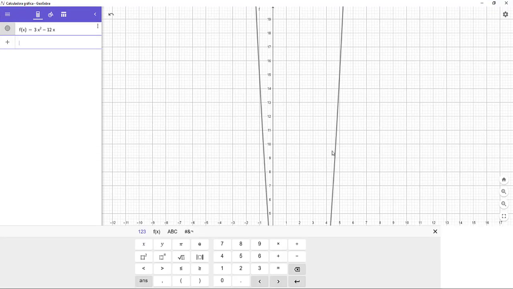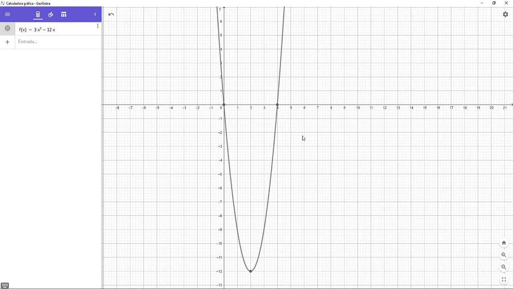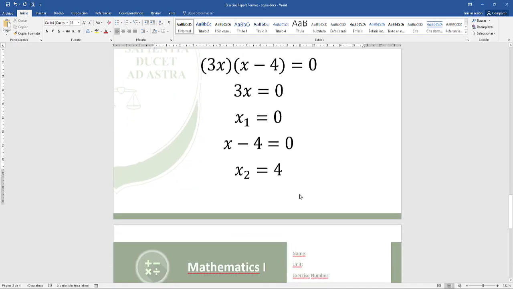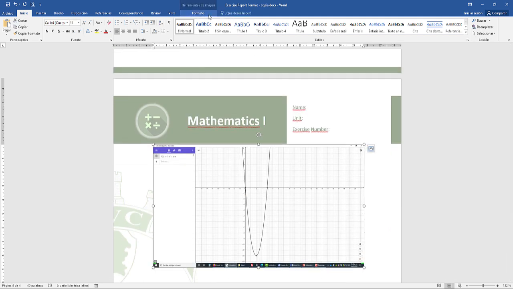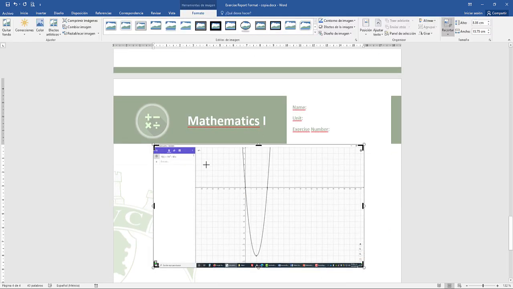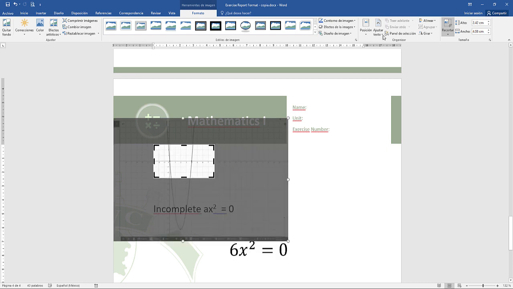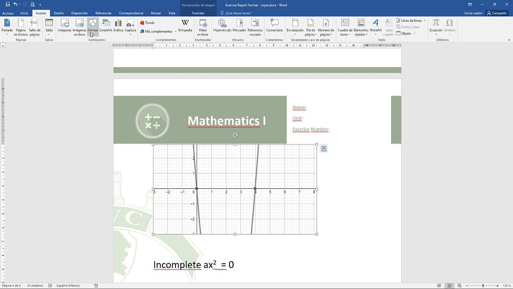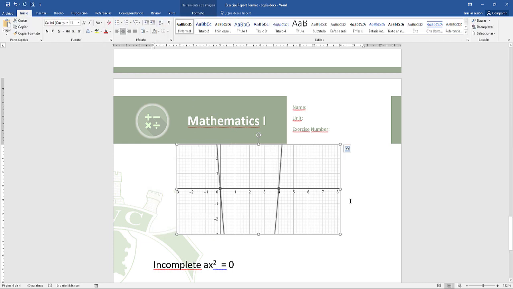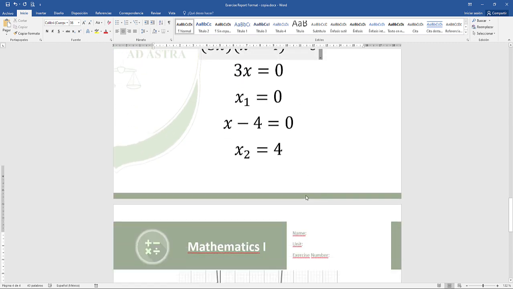You check here, 0 and 4. Again, I will take a screen capture and add the chart here. So again you have the solution for that exercise.